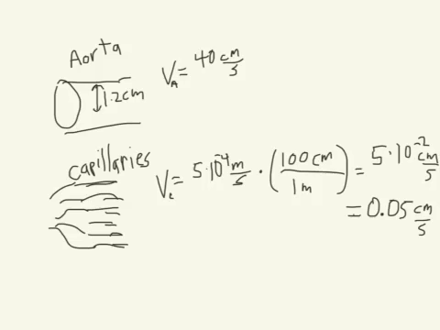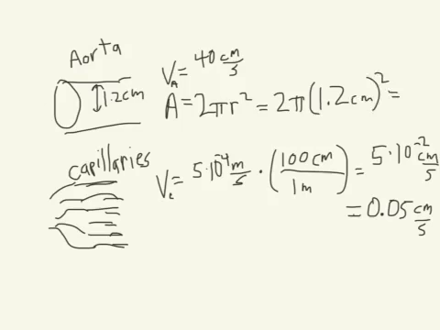So this equation we saw a minute ago in the slides deals with velocity and area. So we could easily figure out the cross-sectional area of the aorta, because we have its radius. We know that the cross-sectional area is pi times the radius squared. And remember, we're going to use centimeters for everything, so we can just put in centimeters here.